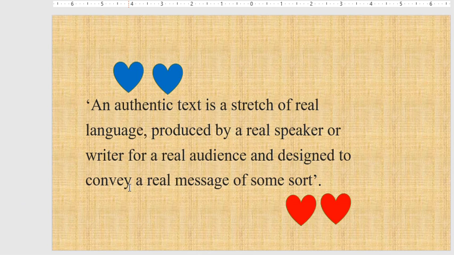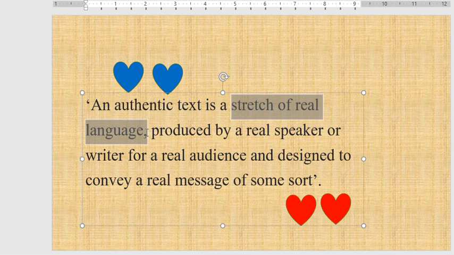Okay, let's go to our preferred conceptualization of authenticity. An authentic text is a stretch of real language. Here we have the words a stretch of real language. So the language is real. A stretch means a continuous form, not a single sentence, not a single vocabulary item.